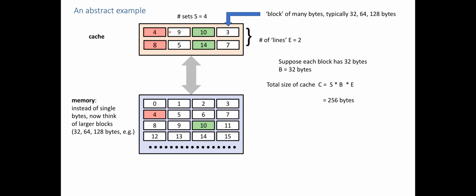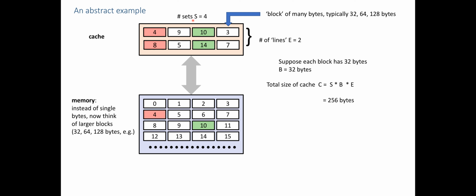In this case we have 4 sets, and we've got 2 of these what are called lines, so an extra spot, if you will, per set to hold on to whatever memory maps to that set. And the mapping indeed is like this. You can see that at this point in time, the memory blocks numbered 4 and 8 map here, and they're both now in the cache.